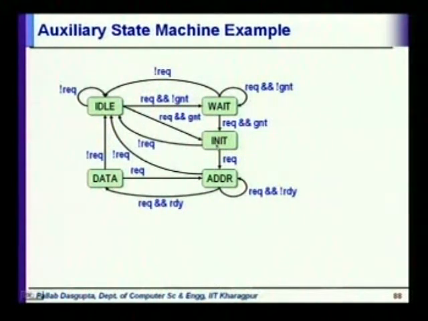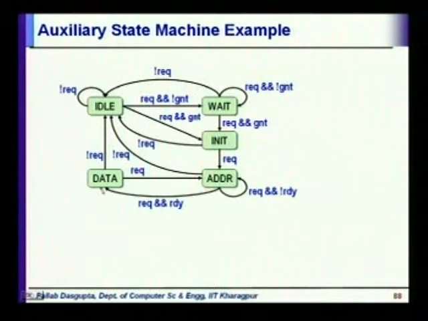Then from here, in the next cycle, it floats the address and then stays in this state until ready is there. Remember, the address will have to be held until you have ready.